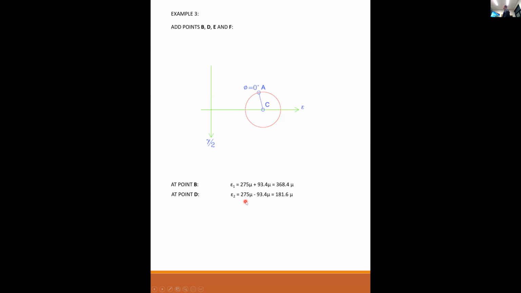Point D is the 275 minus the 93, gives me 181.6 mu to point D here. Point E is gamma over 2 is equal to 93.4 mu, so that's point E here. And point F is the negative up here. And there are the points on our circle.